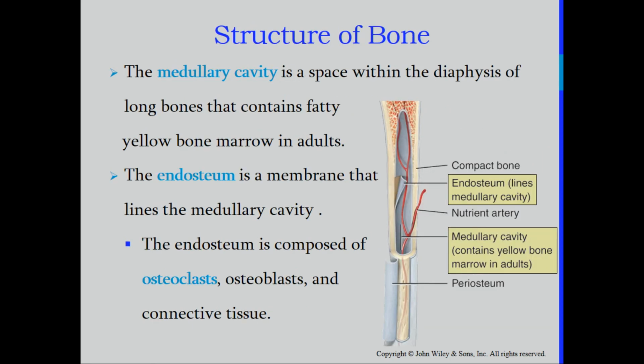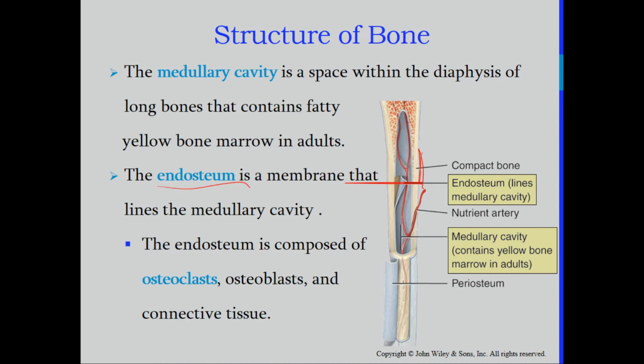The medullary cavity is the hollowed out space within the diaphysis, or middle section, of the long bone that contains fatty yellow bone marrow in adults. The endosteum is a membrane that lines the inside of that open area, that medullary cavity. So periosteum is going to be covering the outside of the bone.